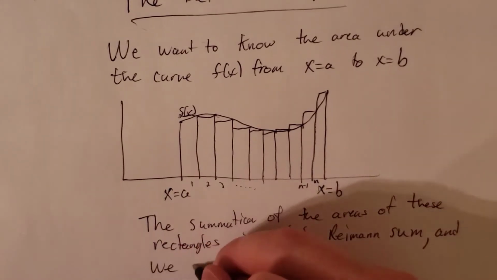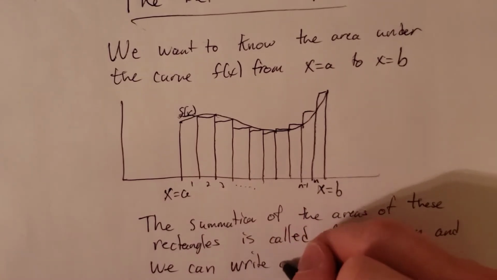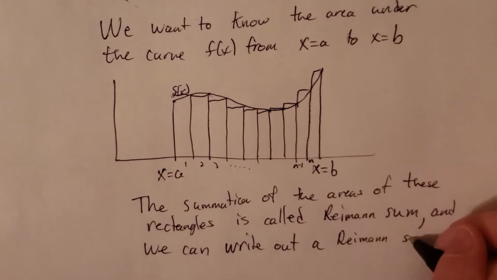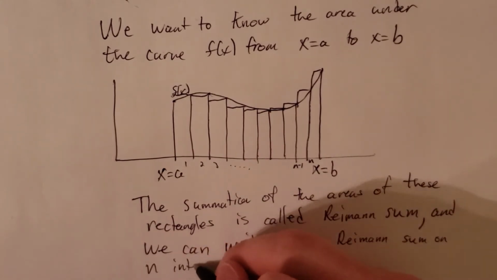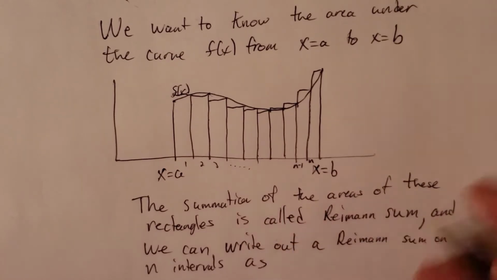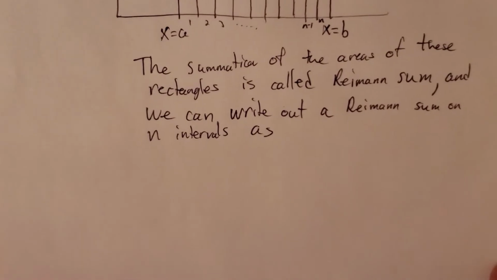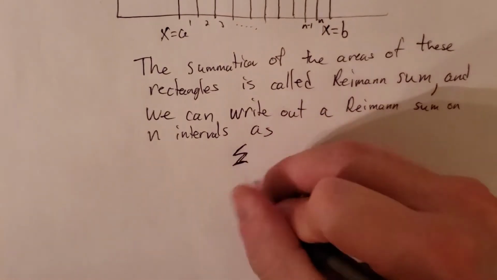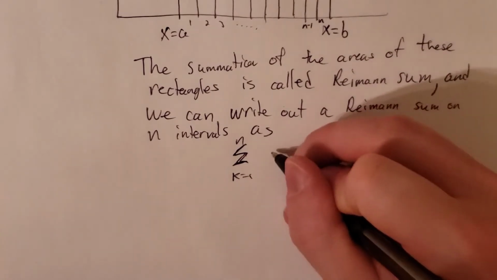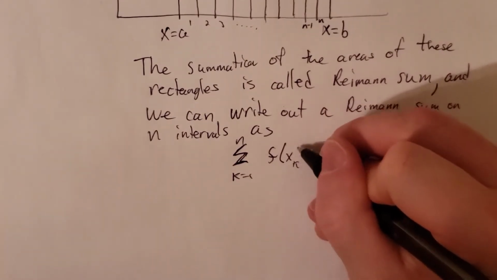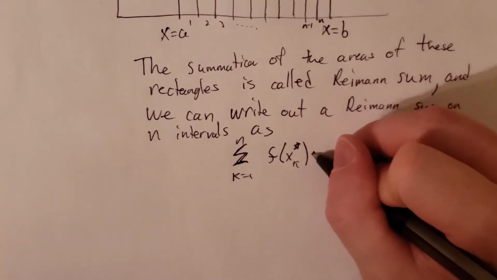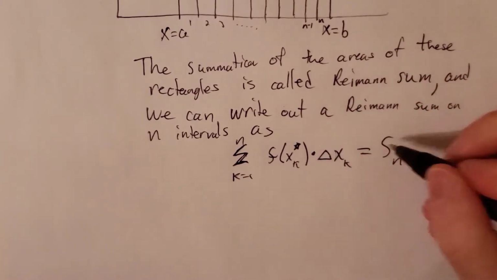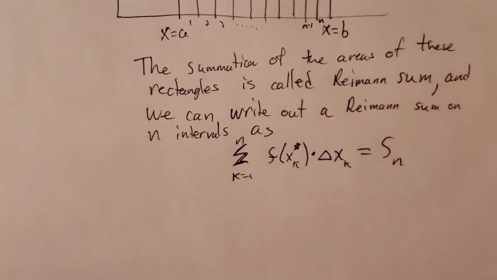And we can write out a Riemann sum on n intervals, or n rectangles, as, and now we'll use that sigma notation that we introduced in the last few videos, the sum from k equals 1 to n of f of x sub k star, I'll say what that means in just a moment, times delta x sub k is equal to s sub n, s for a sum using n rectangles or n intervals here.